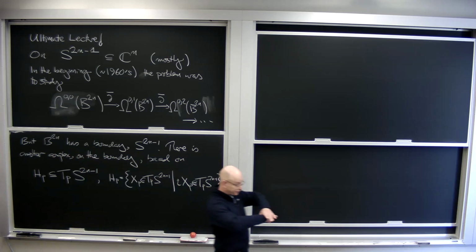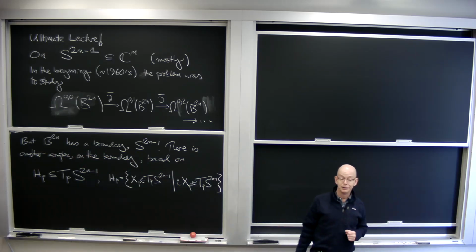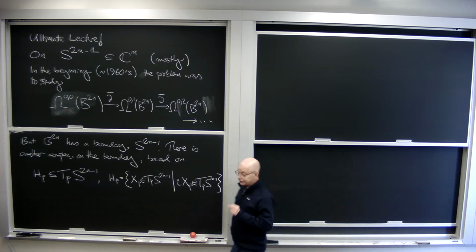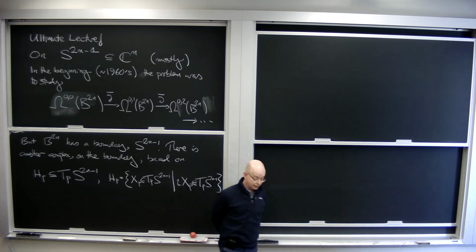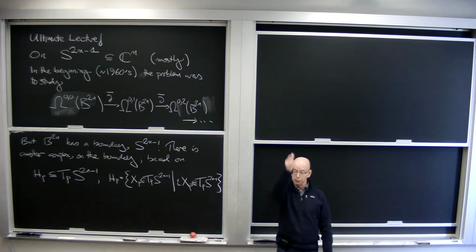So let's imagine, for example, we look at the 3-sphere inside of C2. There should be a 2-dimensional subspace of the tangent space of the 3-sphere. What it is is the orthogonal complement of the 1-dimensional space inside of the tangent space that you get by taking the normal vector and multiplying it by i.